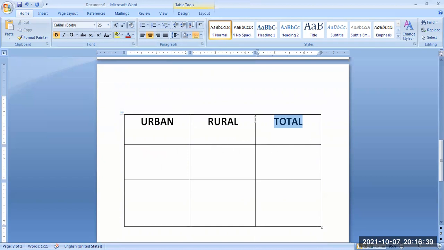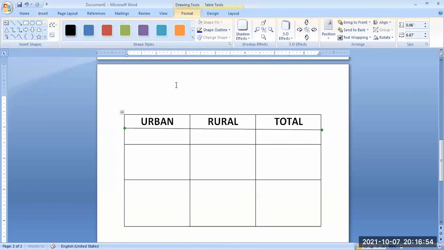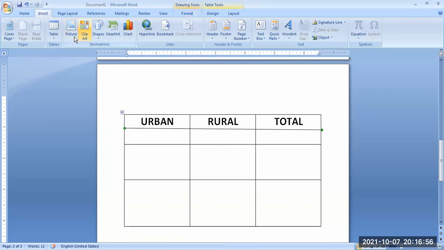Next, what I will do is I will add lines. Then next one.